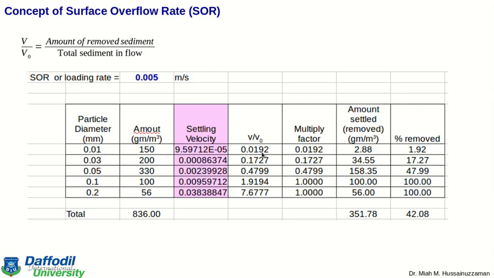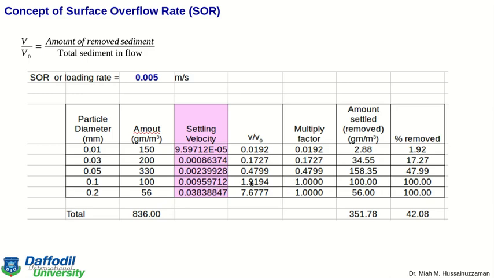We multiply the 150 grams by it, and only around 2% will be removed. Here about 17% of the 200 grams will be removed, so about 34 grams. Here almost 48% of these particles will be removed, of 150 grams. And here all the particles will be removed, because the settling velocity is higher than the SOR.